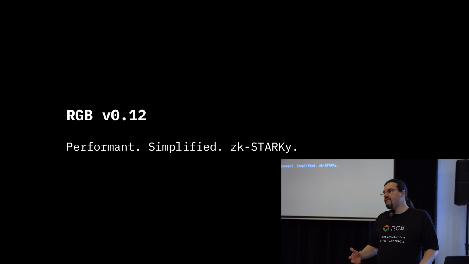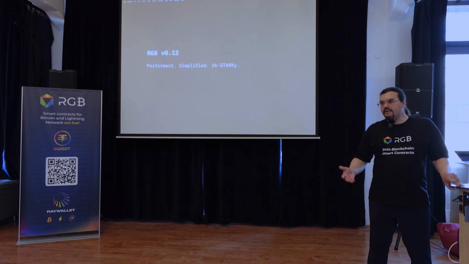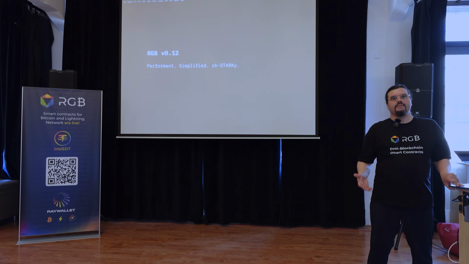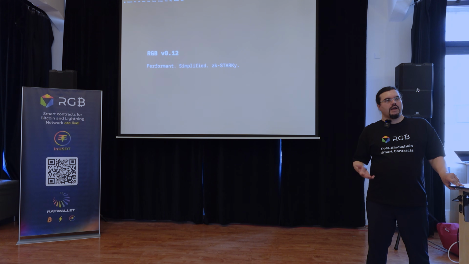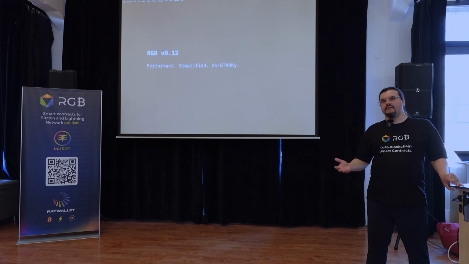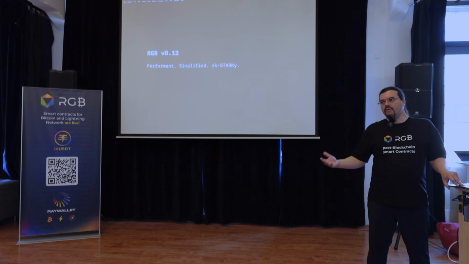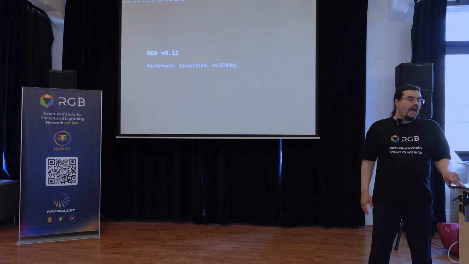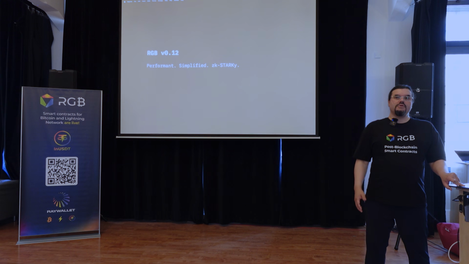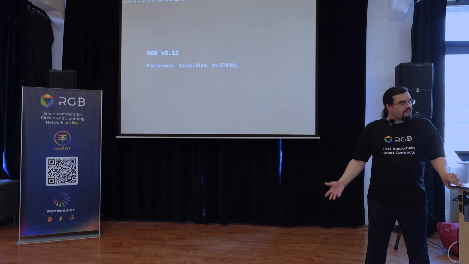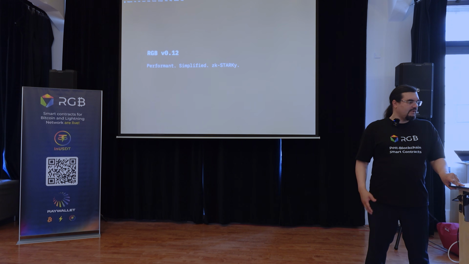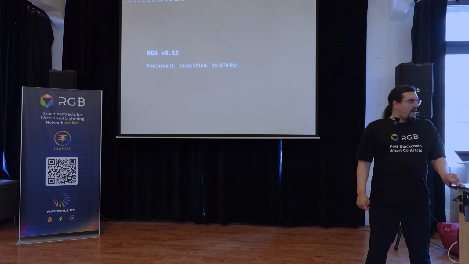And we believe this is the final iteration because in this iteration we have all the functionality we were striving for from the initial version, including full programmability, the necessary level of privacy, and finally, only with the 12th version, we have got ZK STARK compatibility and the ability to compress the history and hide the history on the client side as well. And this 0.12 version will go into production with mainnet assets in just a few weeks.